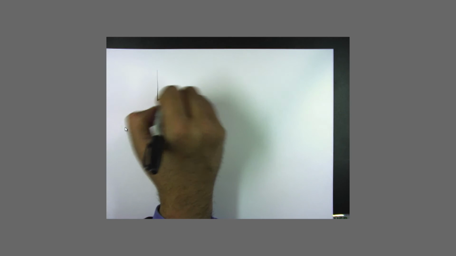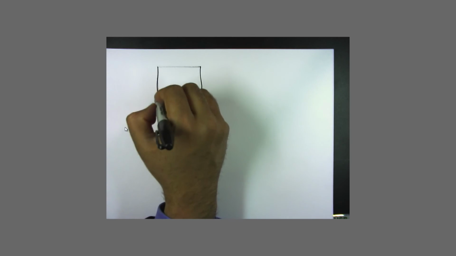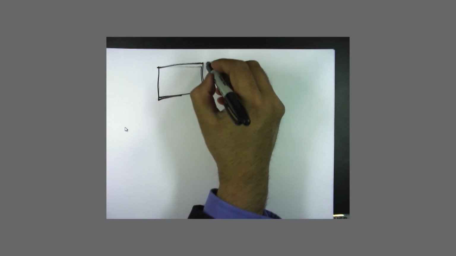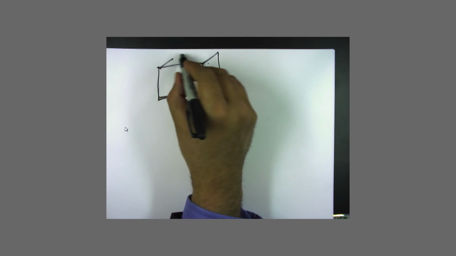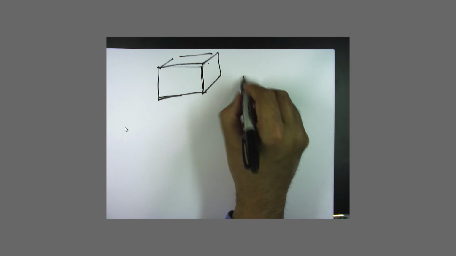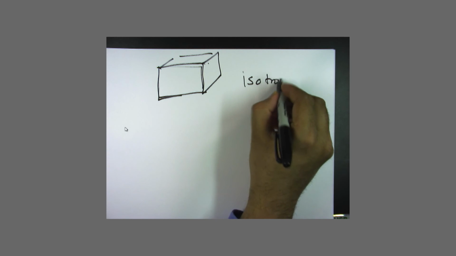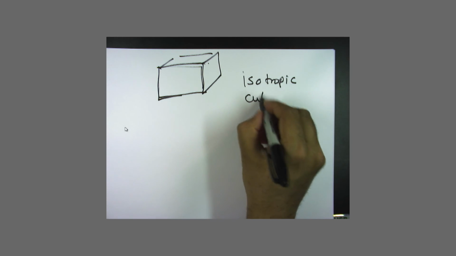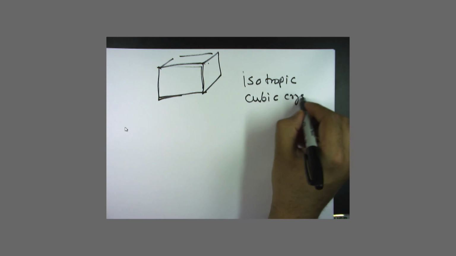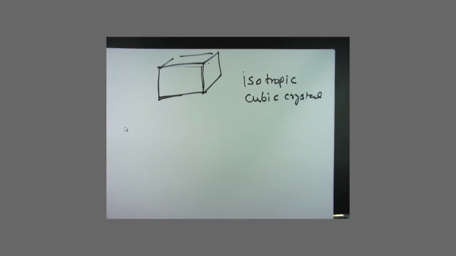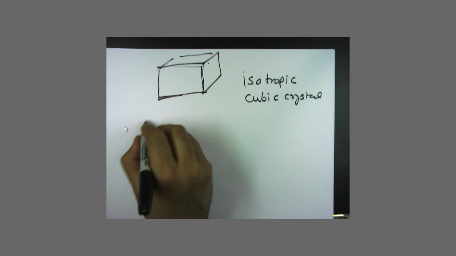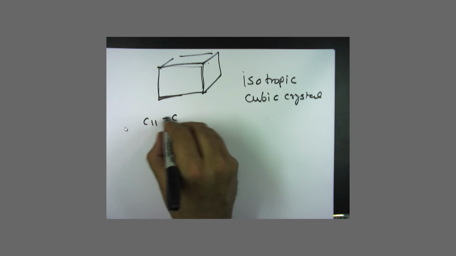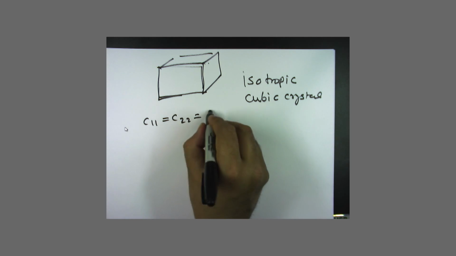So, if you look at a cubic crystal, and we are going to look at cubic crystals, and if it is an isotropic cubic crystal, what that does to us is very important to know. In that case C11 is equal to C22 is equal to C33.